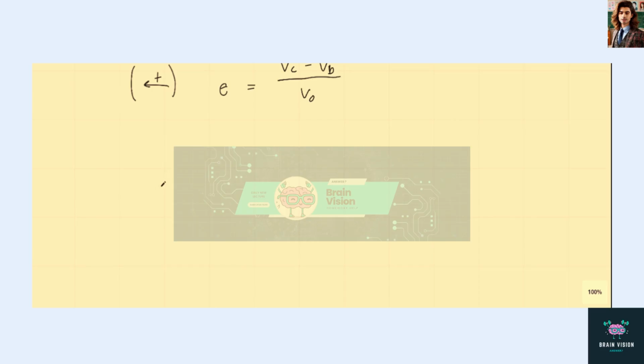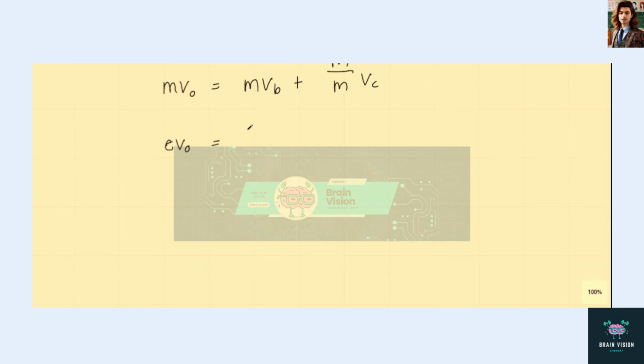So if we go back to the first equation, we can see that m v0 is equal to m vb plus m times big M over little m times vc. And from the second equation, e v0 is equal to vc minus vb.